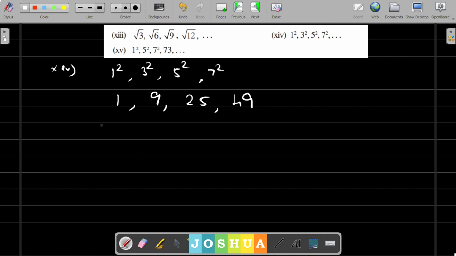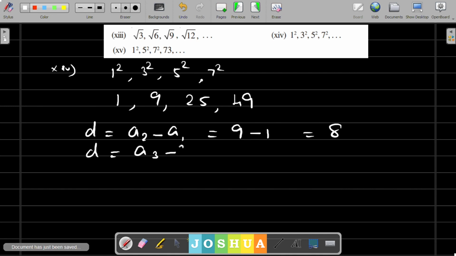So here the difference I am going to find. d is equal to a2 minus a1, that is 9 minus 1, which is equal to 8. Again, the next difference, a3 minus a2, that is 25 minus 9, which is 16.